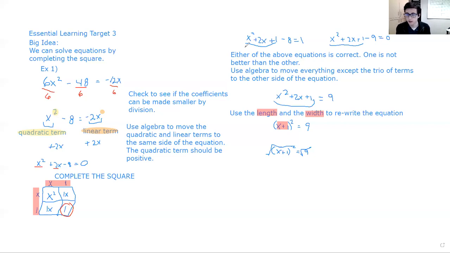That exponent of 2, we can cancel it with a square root. As we learned in the previous target, the square root cancels the exponent of 2. So this cancels this, and this will turn into a 3. That's going to give us x plus 1 equals 3. Use inverse operations to isolate x.